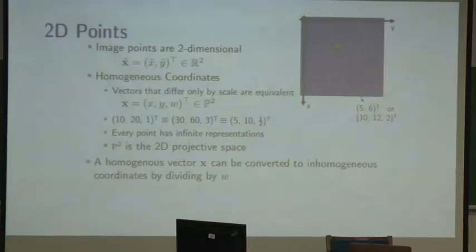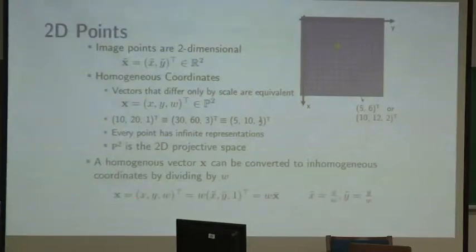So a homogeneous vector X, which means a vector in P2, can be converted back into the Cartesian space, the inhomogeneous space, just by dividing by the last term, because that is the scale factor.